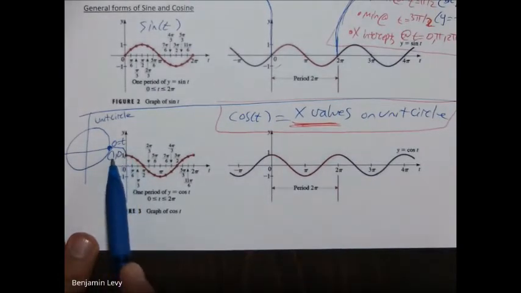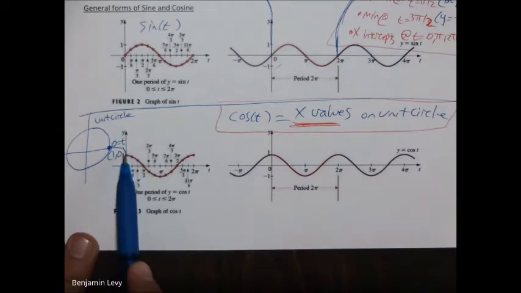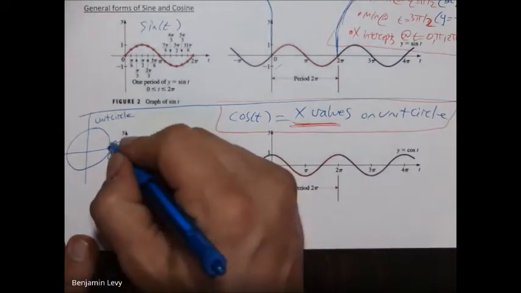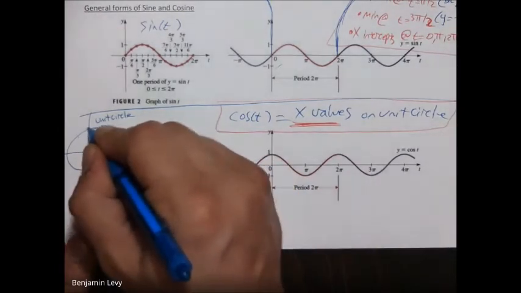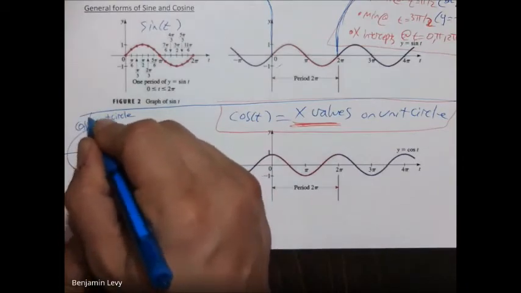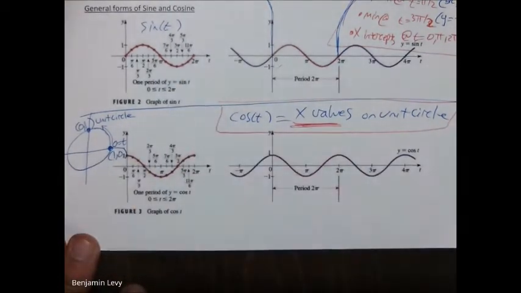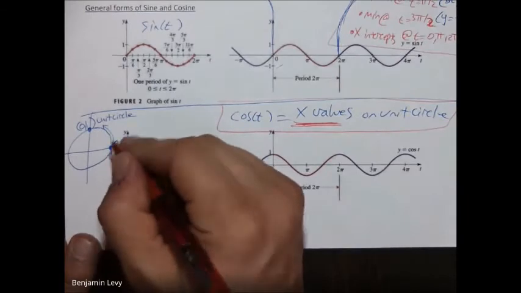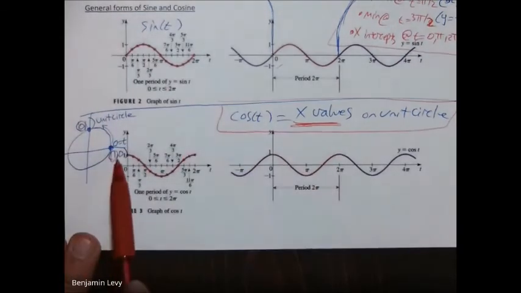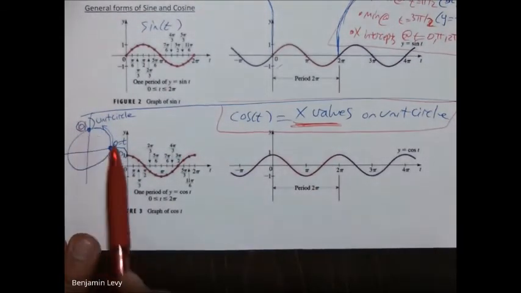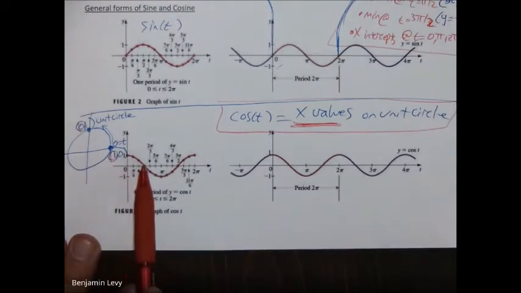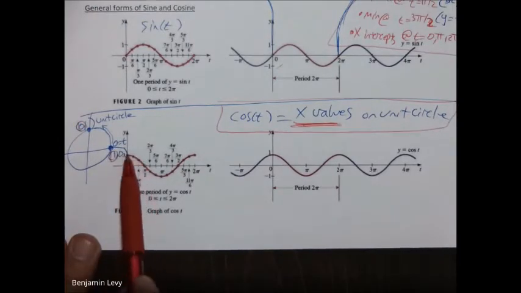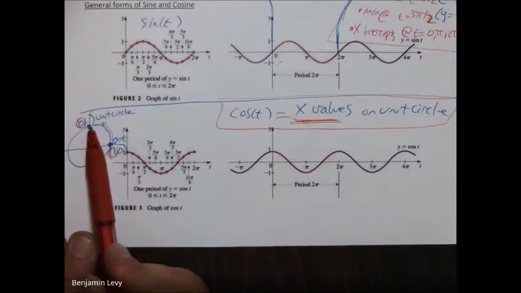Right? Because if we're starting with the output, the x value starts up at 1. When we trace out the unit circle going this way, this next point is the point 0, 1. And so the x value, again, we're thinking about the x values here. The x value went from 1 to 0. And so that's why this went from 1 to 0, right? So the first quarter right here is tracing out the x values.